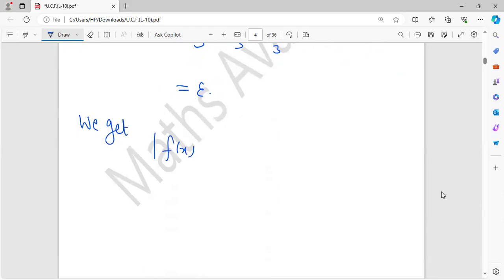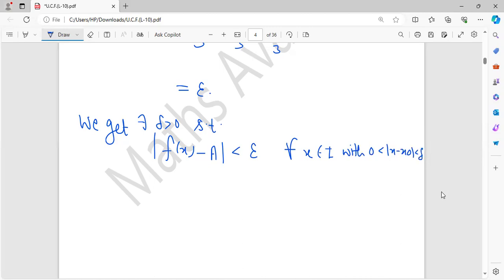So we get there exists delta greater than 0 such that |f(x) minus a| is less than epsilon for all x belongs to I with the delta condition. So what does it mean?